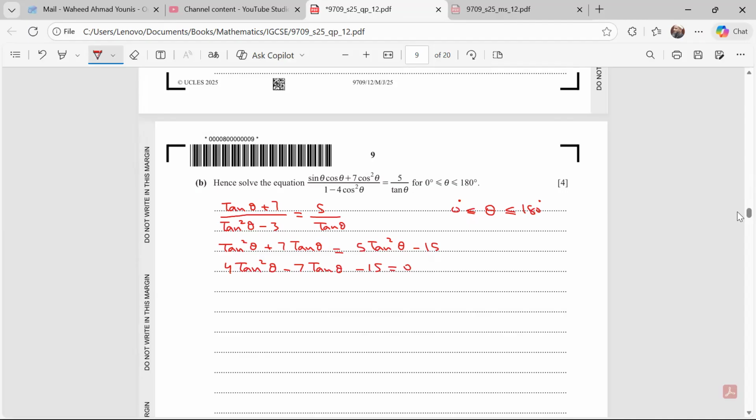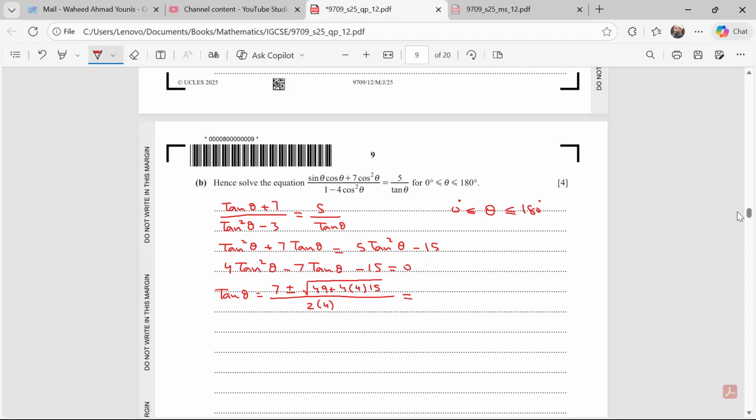If I apply the quadratic formula, remember tangent theta is going to be minus b, which is 7, plus or minus the square root of b squared minus 4ac, where c is minus 15, so it becomes plus 15 here, divided by 2a, which is 2 times 4.